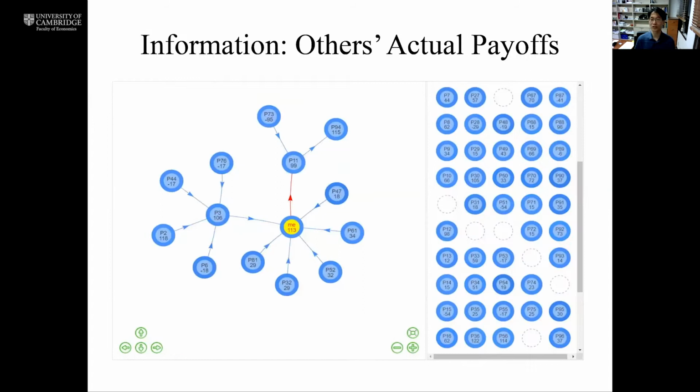Or we can show the payoffs as numbers inside the circle. There is a number px, which is the player's identity, and the number below it is the payoff information of the other players.